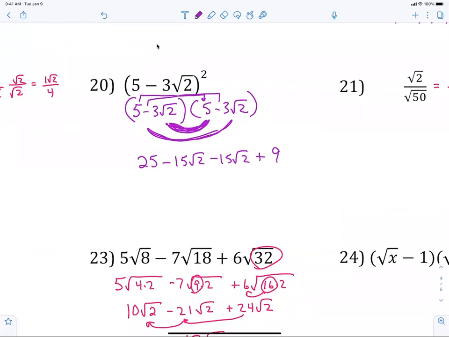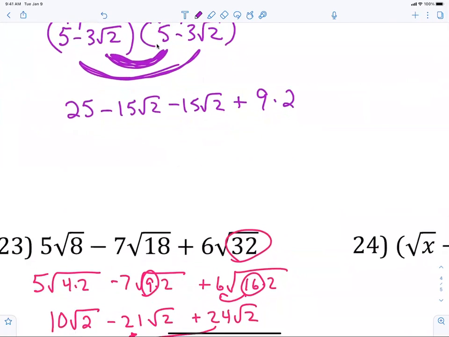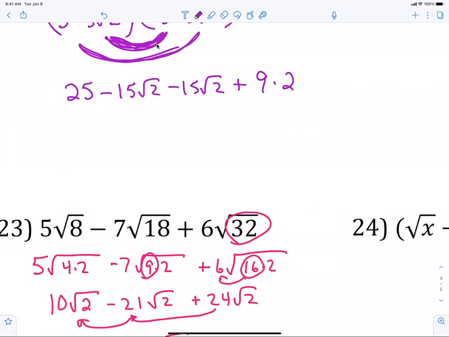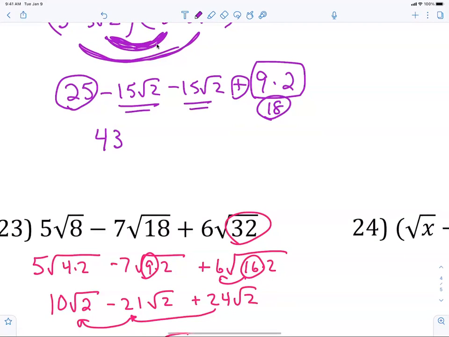And then what's radical 2 times radical 2? 2. All right. So what's 9 times 2 now? Right. So now 25 plus 18. And then negative 15 and negative 15. There you have it. All right, that was kind of hard.